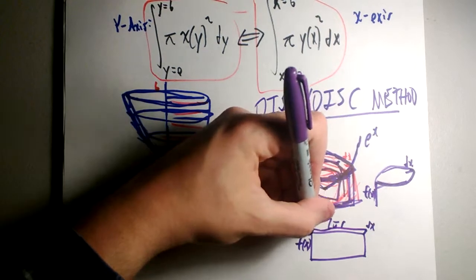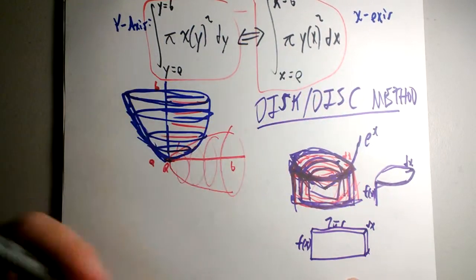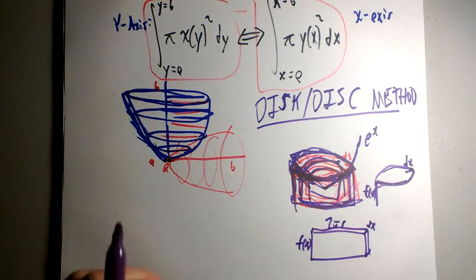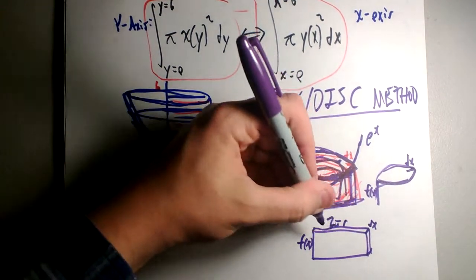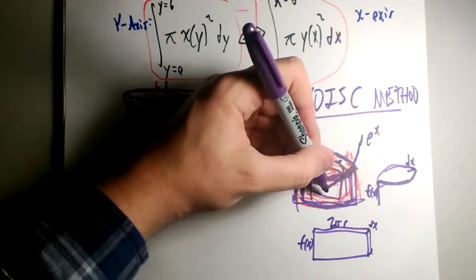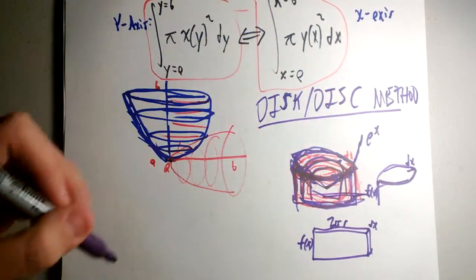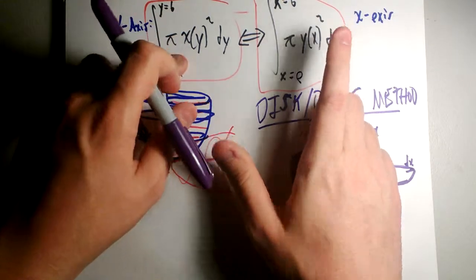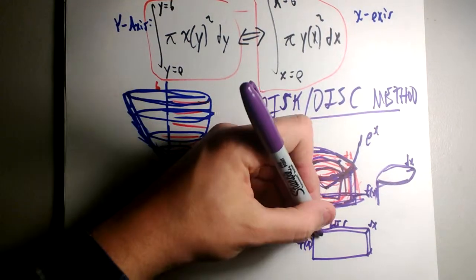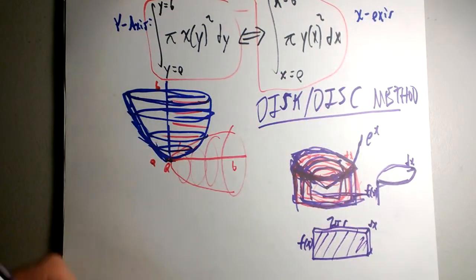So if we multiply all of these and add them all up as we move, we should be able to find the volume. And even better, with only caring about the x-axis, we don't have to do any of this converting from y to x. We can just work straight from this.